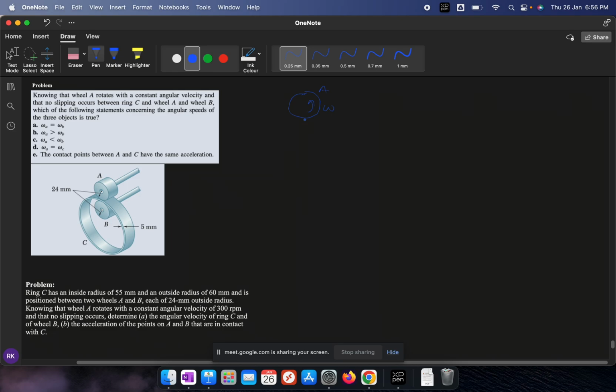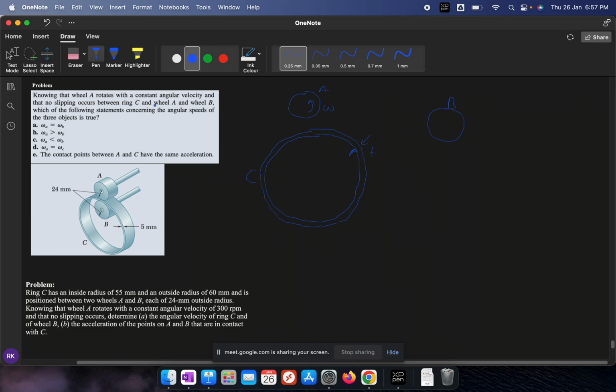Underneath this, there is a larger wheel, and it has some thickness. Underneath this there is another wheel. So this is wheel A, this is wheel C, and this is wheel B.